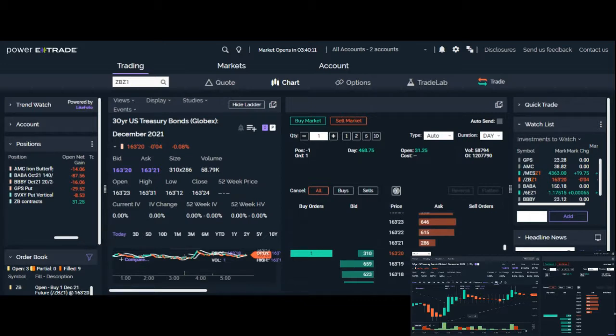Right here, you can see it only traded 3 contracts in a minute, and it traded 220 there and 326 there. So, well, there it went back to 21, and I didn't get filled again.